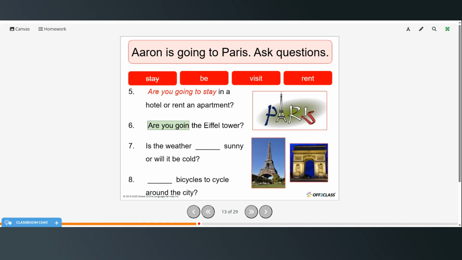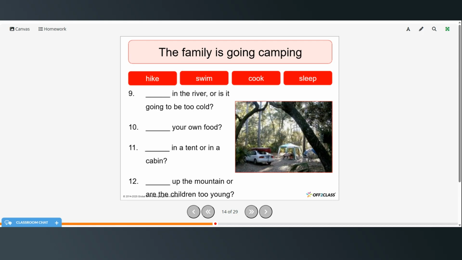So are you going to visit the Eiffel Tower? Is the weather going to be sunny? Or will it be cold? Are you going to rent bicycles to cycle around the city?